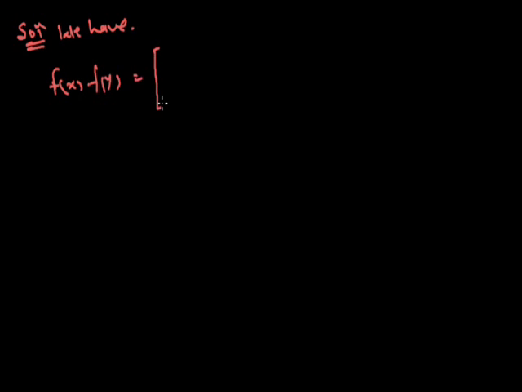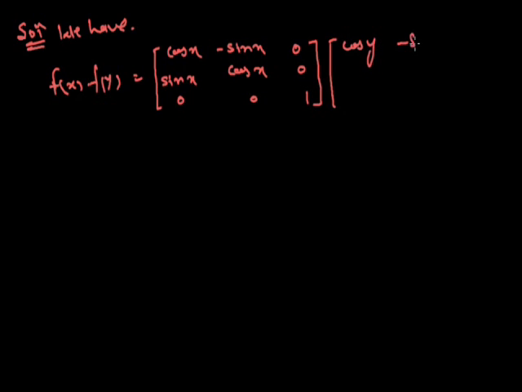So in the matrix, f of x is cos x, minus sin x, 0, sin x, cos x, 0, 0, 0, 1, and f of y, where x is replaced by y, is cos y, minus sin y, 0, sin y, cos y, 0, 0, 0, 1.